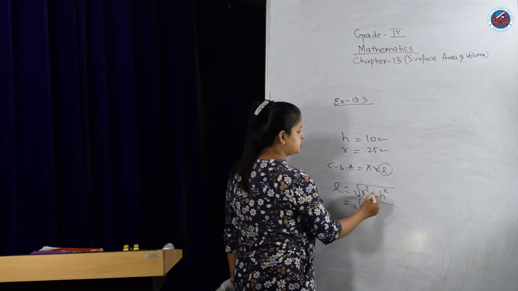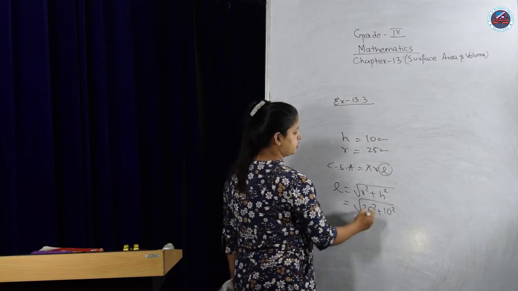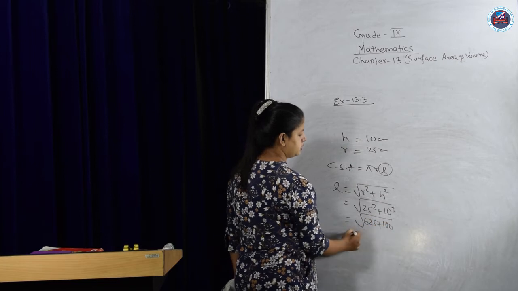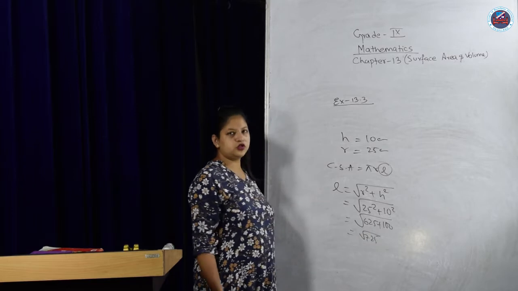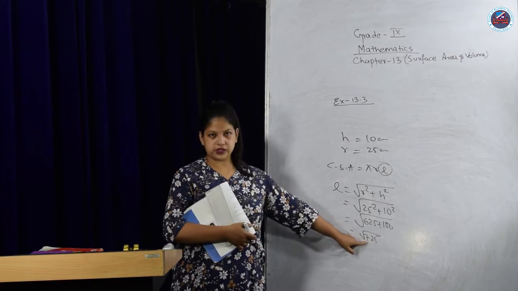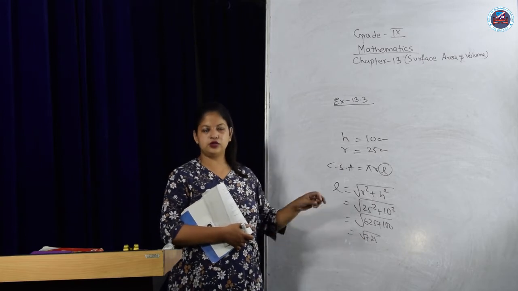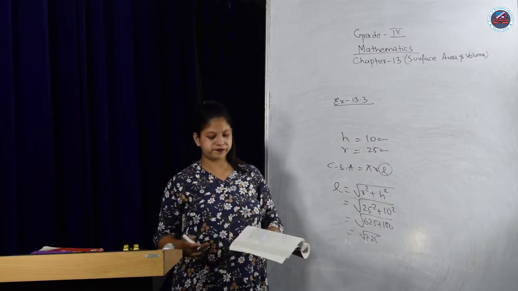So radius is 25 square, height is 10 square. 625 plus 100, 725. This would be your L, and this L you will use. Most of the time it comes out a perfect square, so you can bring it out of the root. If you cannot bring it out of the root, you can leave it in the form of root itself, okay?